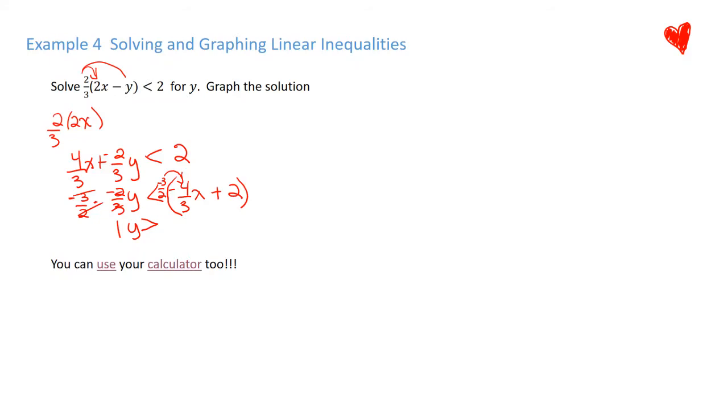Negative 3 times negative 4 is a positive 12, and 2 times 3 is 6. 12 over 6 is going to be 2x. Then we distribute our negative 3 times 2, which is negative 6 over 2, and that equals negative 3. So the answer on this one is y is greater than 2x minus 3.